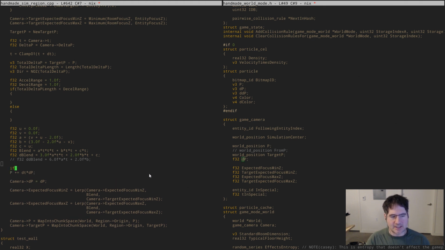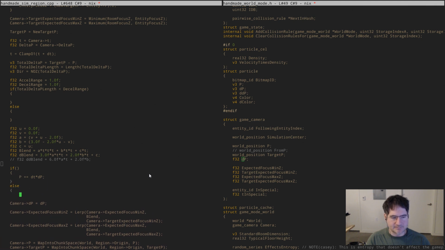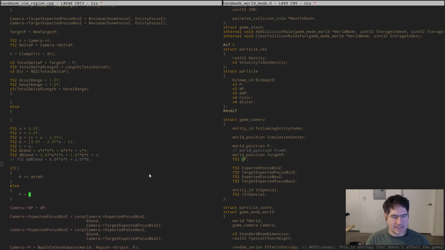And we're going to do it in the standard way, where in the case where we would arrive at the target exactly, we're just going to get there directly. But in the case where we wouldn't, then we won't, right? So if the total delta p length is less than the step we would have taken, so like if that's less or greater than dp, I should say, then we actually do our update, but otherwise we don't. And again, this always happens in the direction.